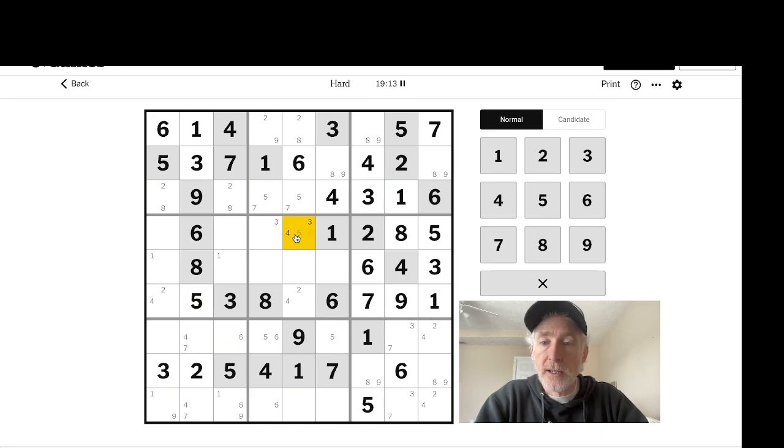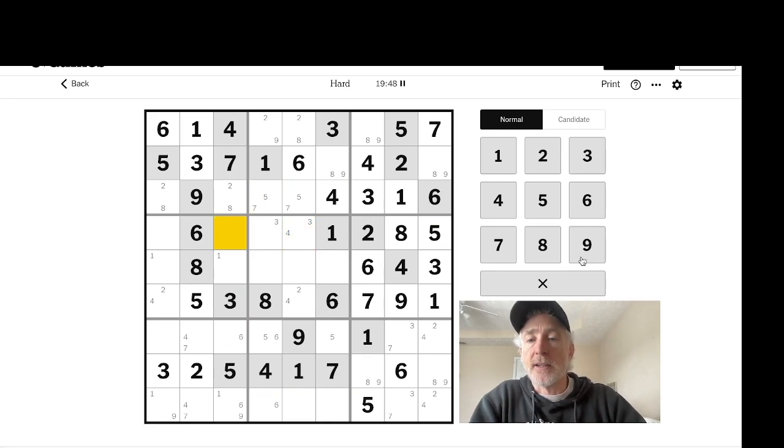So 3 is looking here. Let's see, 4, 7. What's the best course of action here? 6, 5. So we still can't get that 5. That's kind of annoying me. I feel like I should be faster at this point in the puzzle, but 1, 2, we need a 3, 4, 7, and 9.